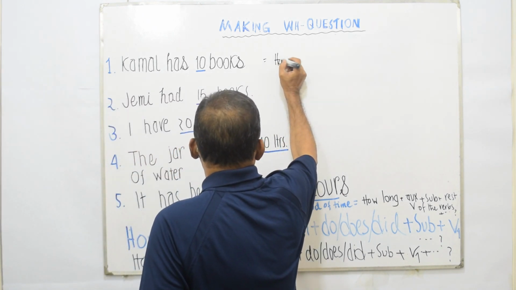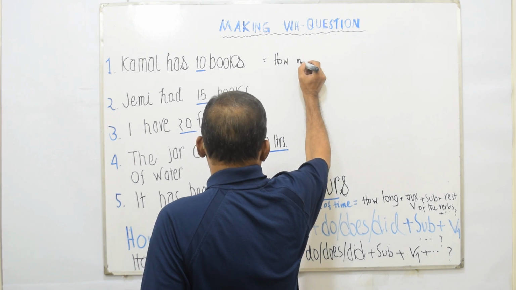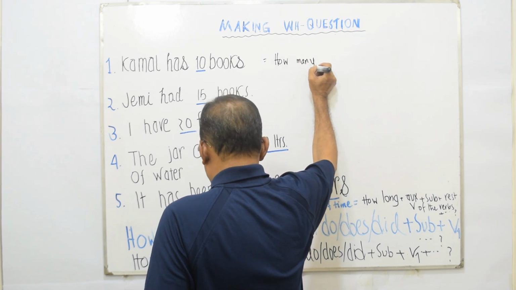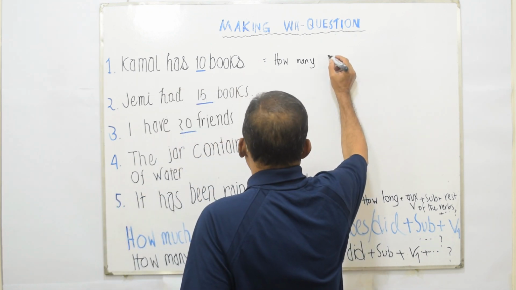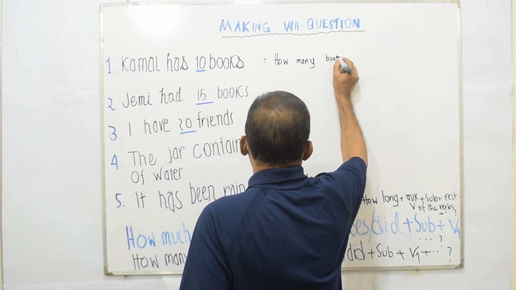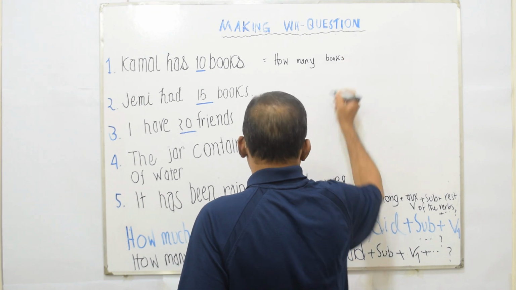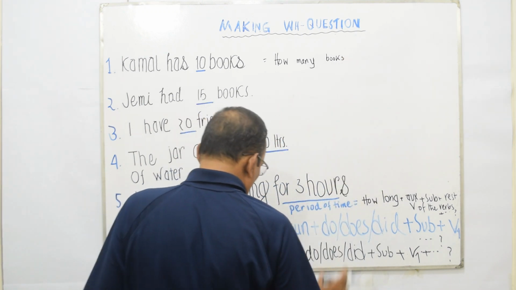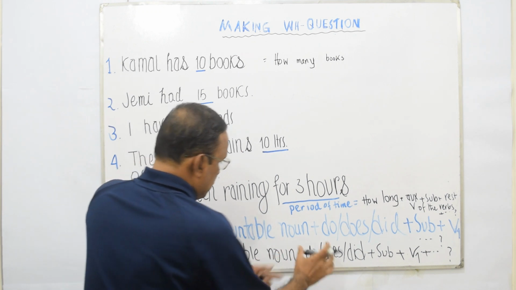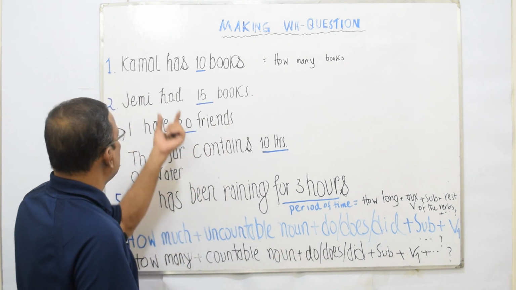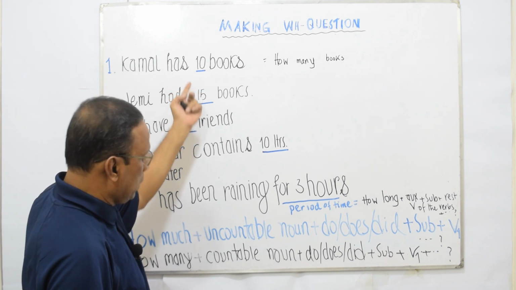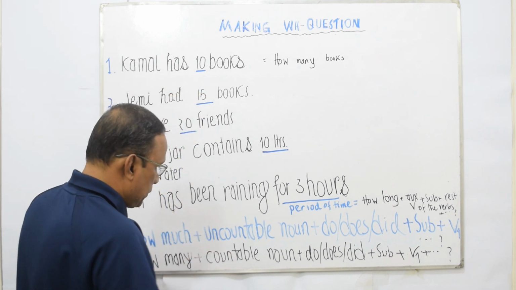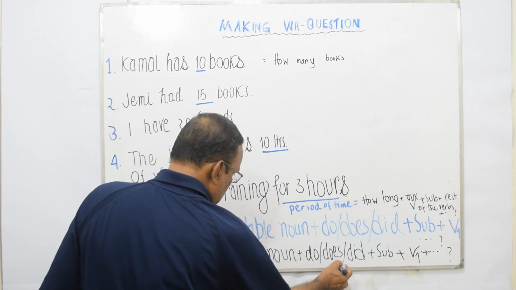So, how many? Let's start writing. How many? Then countable noun. How many books? Then we have to take one from these 3. We can see the verb here has one S. When the verb has one S, we have to use does here.